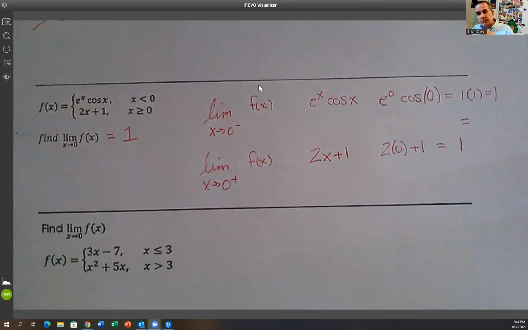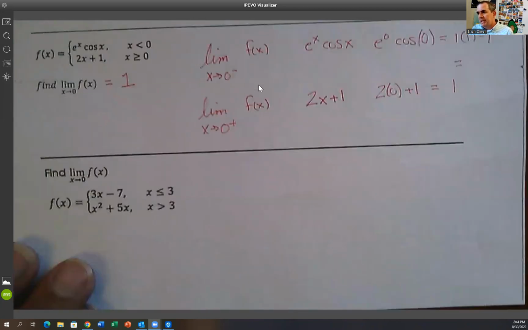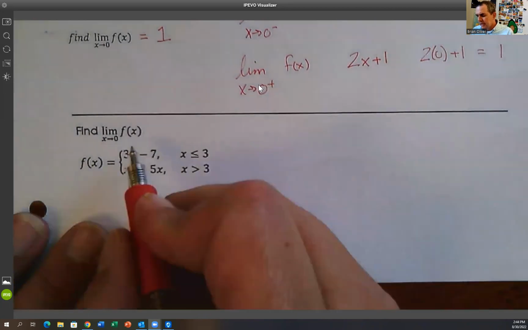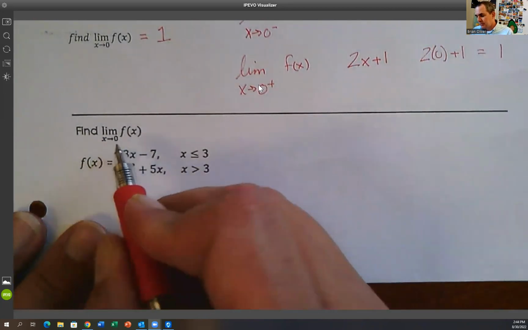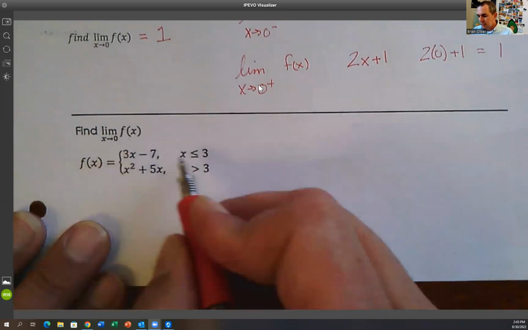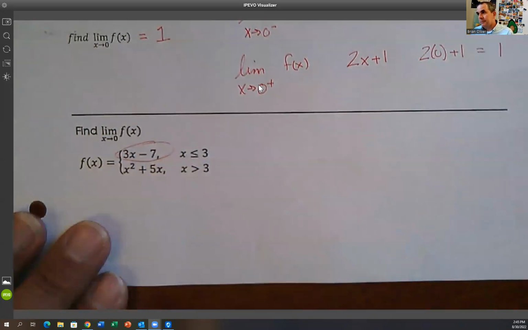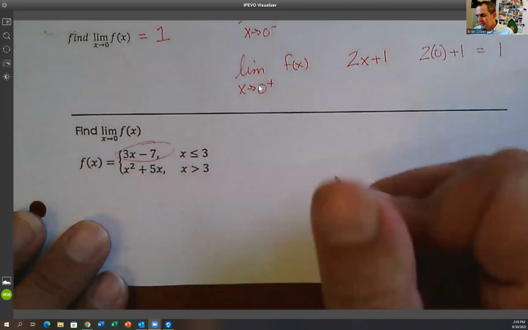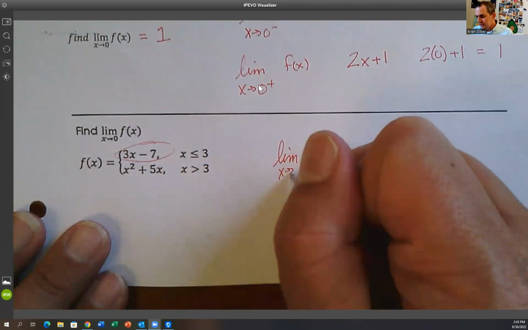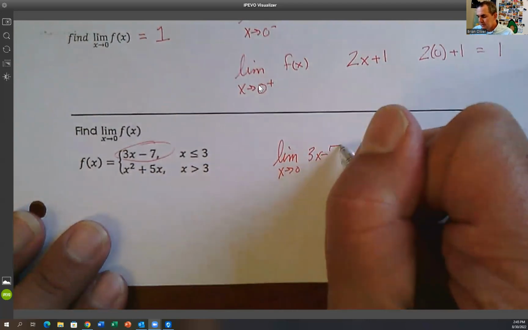You just have to do each piece on its own. The thing to be careful about is a problem like this one down here. This is the limit as x approaches 0, and the boundary is 3. So realistically, the only piece I care about is x less than 0, 3x minus 7.